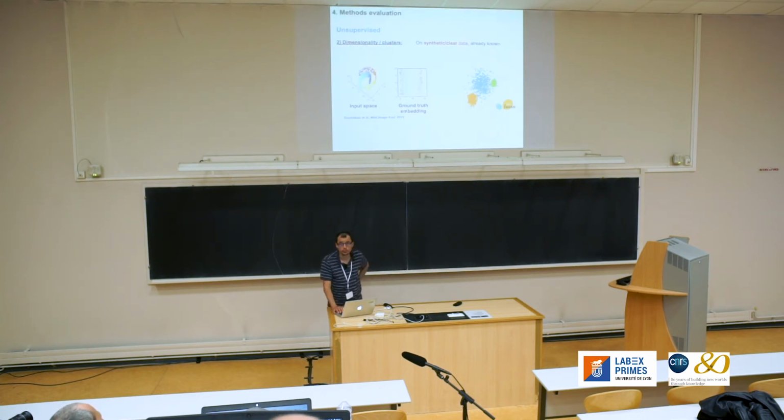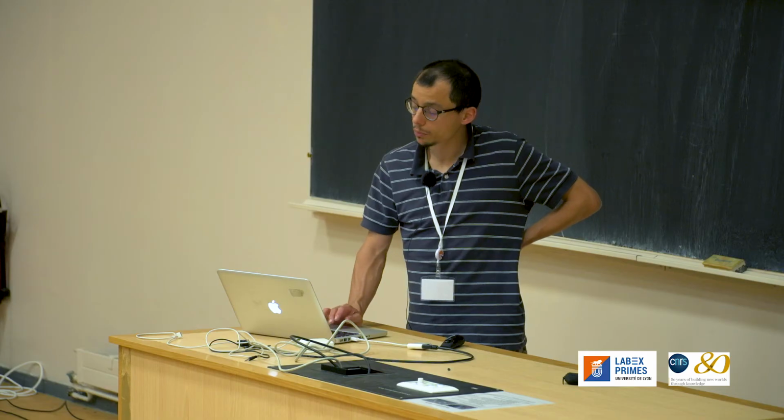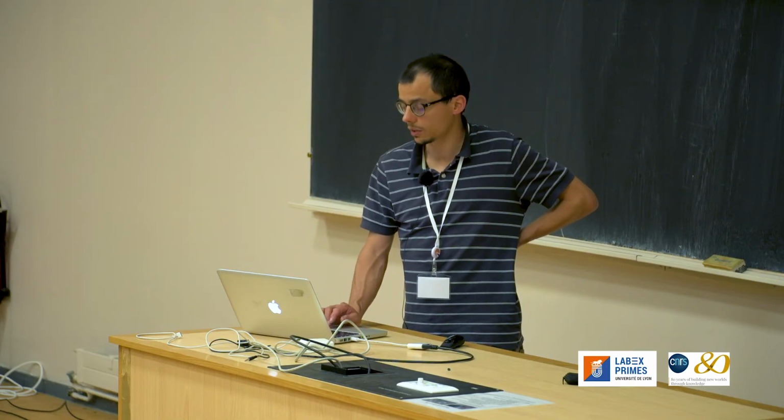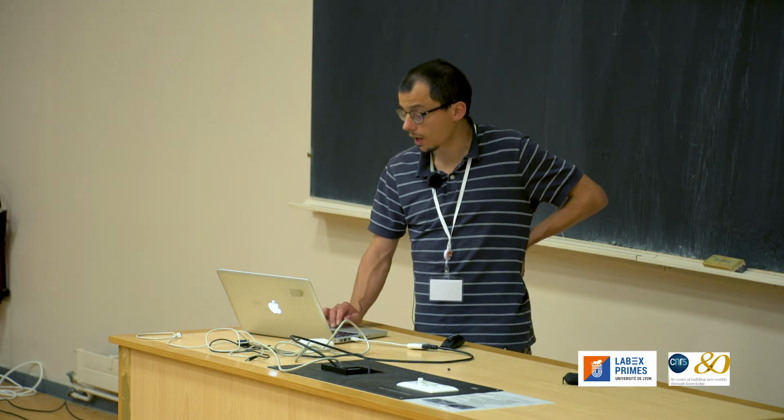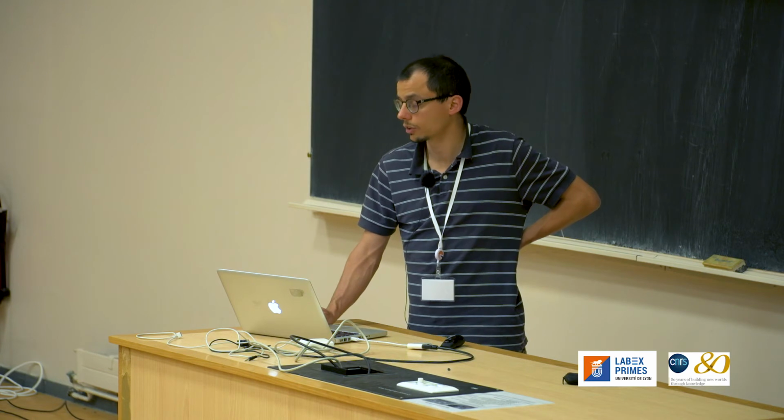Then the key question is, you look for a space of lower dimensionality. So what is exactly the dimensionality of my data, or the exact amount of clusters I may want to have? Again, a synthetic example: the dimensionality of the input is 3, but it's a 2D space. And in this very simple case, I have exactly 3 relevant clusters.